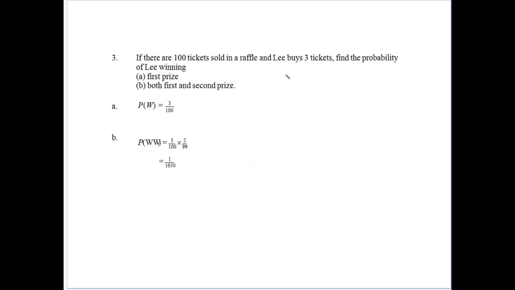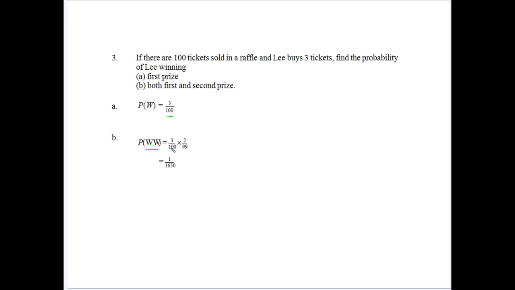If there are 100 tickets in a raffle and Lee buys 3 tickets, find the probability of Lee winning first prize. Well, 3 in 100. First and second prize: the probability of a win and then a win. Lee has 3 tickets out of the 100 to start off with.